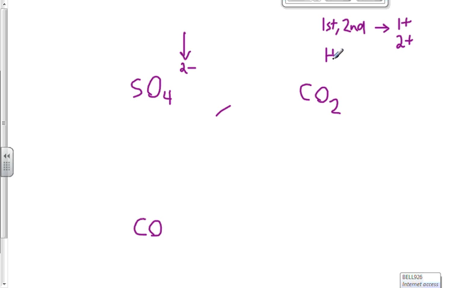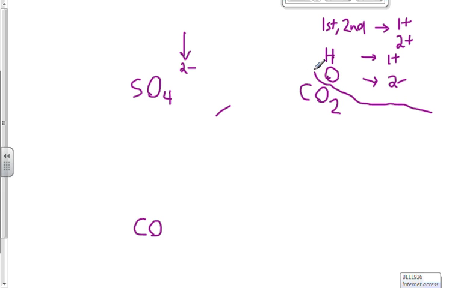Hydrogen, pretty much always, especially in these examples, is going to be 1 plus, as long as it's part of a compound. And oxygen, almost always. There are a couple of exceptions, but basically in everything that we're going to look at, oxygen in a compound will have an oxidation number of 2 minus.